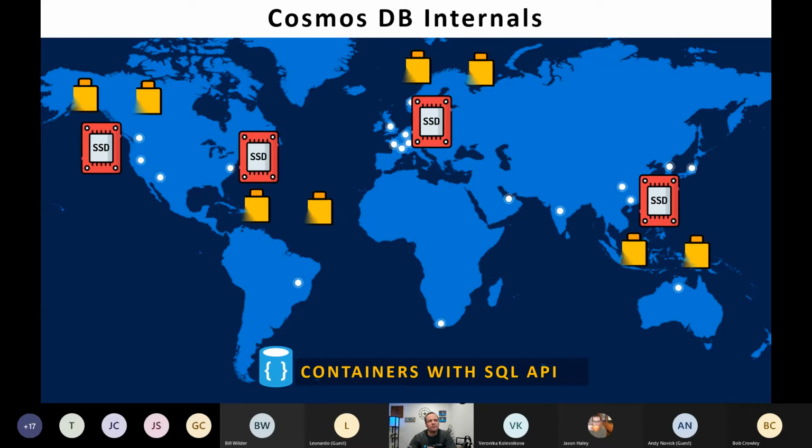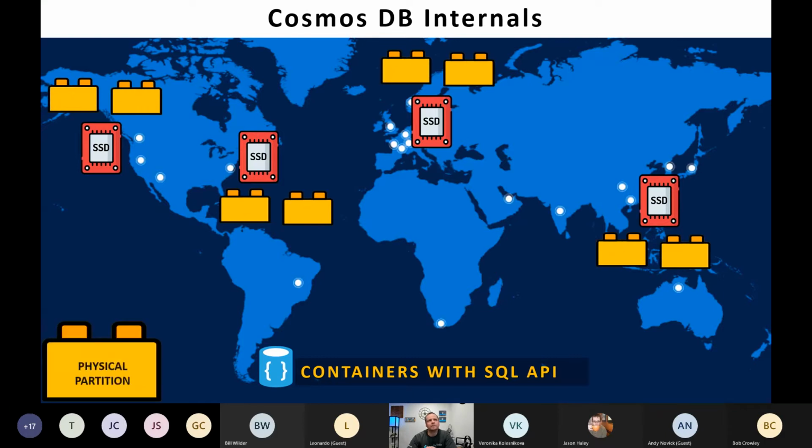Also, the file is getting saved in a physical partition. In each physical partition, depending how much data you have, you're going to have X amount of physical partitions. The first thing you need to know about a physical partition is you have absolutely no rights to change anything on it. So Microsoft manages it 100%.